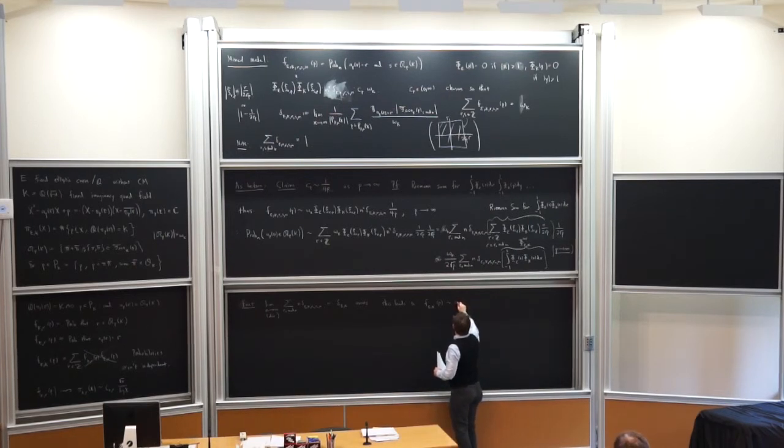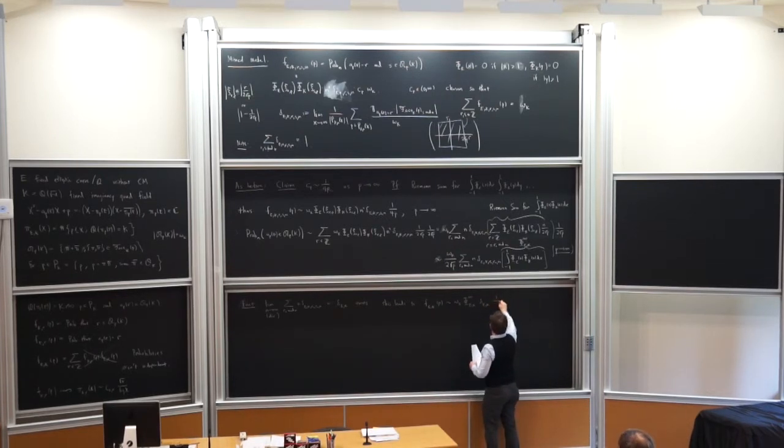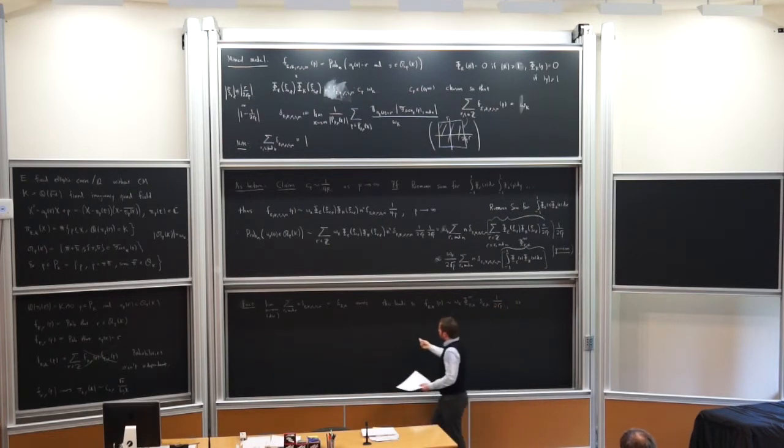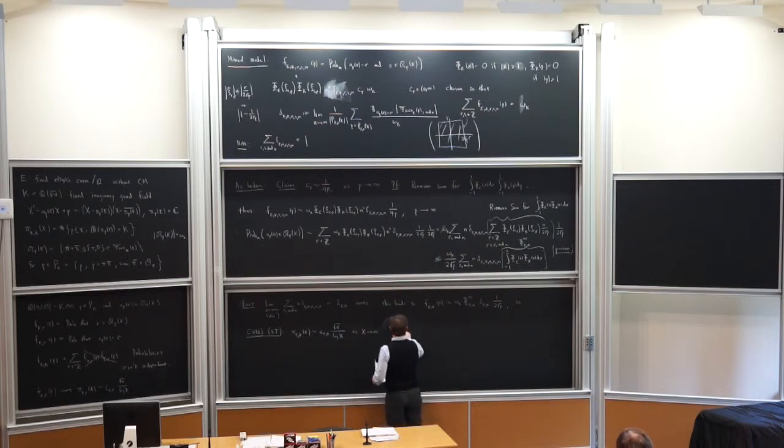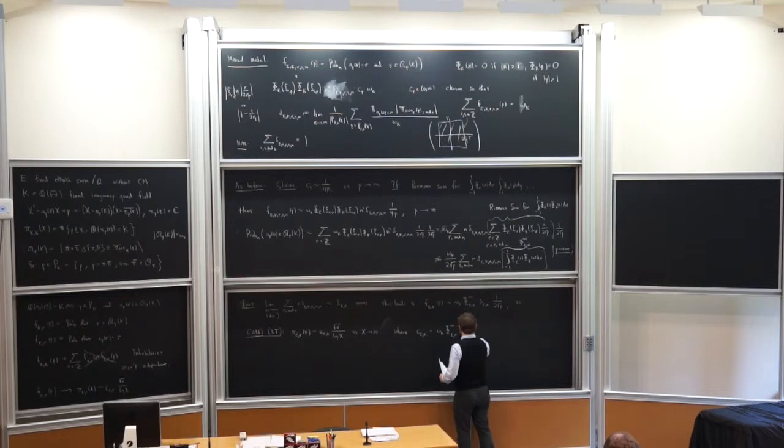So it's omega k times, and this leads to the conjecture: pi e k of x is asymptotic to this, where, times.